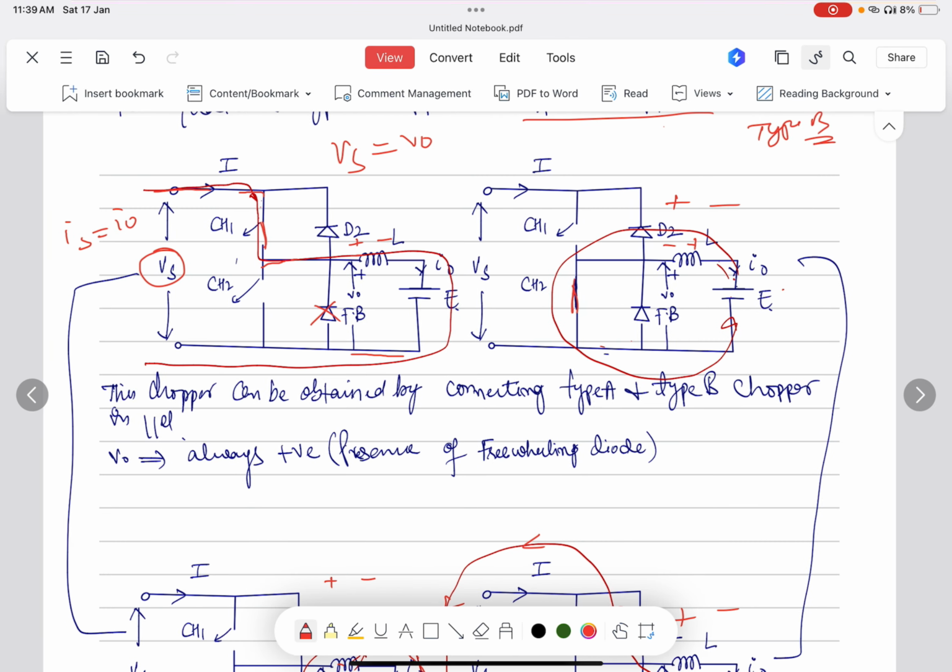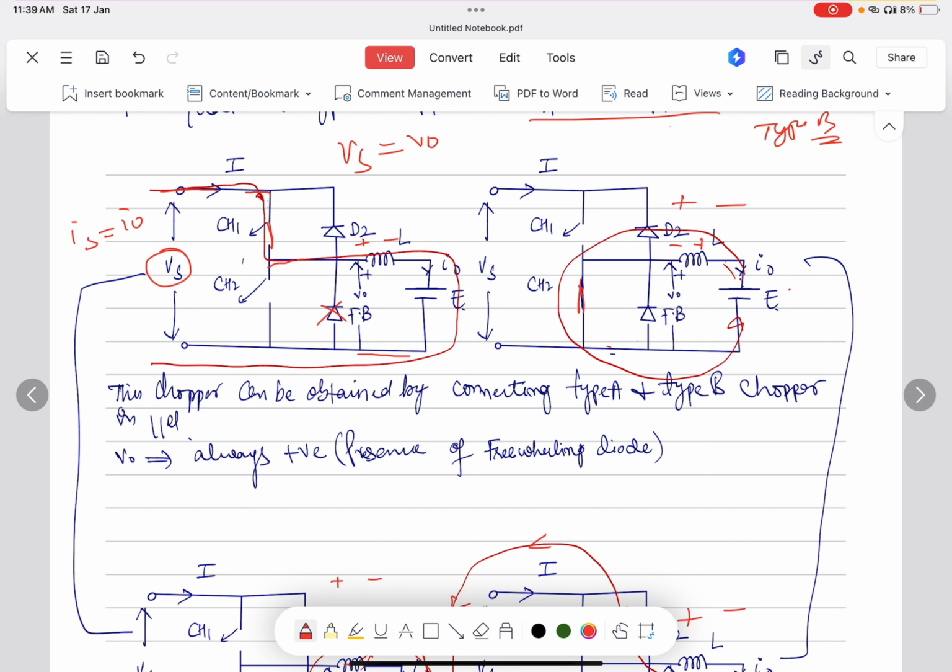Also you can see here when CH2 is on, from the load side the current starts flowing opposite of the load current. So here I naught is negative because, from the marked polarity, it is flowing in the opposite direction.